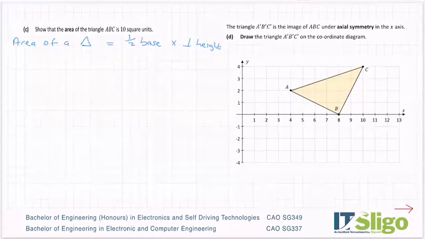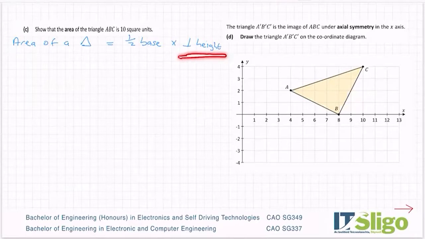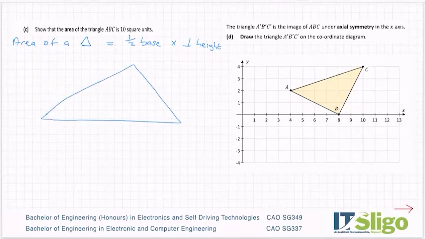Okay, to use this formula though, you have to be careful of one thing in particular, that you have a perpendicular height. So there's a difference between a slant height and a perpendicular height. So if I draw just a rough triangle, okay, my usual brilliant drawing, and I draw a line down the center. So this here is what we call slant height, and obviously it's going from bottom to top, but it's at a slant.